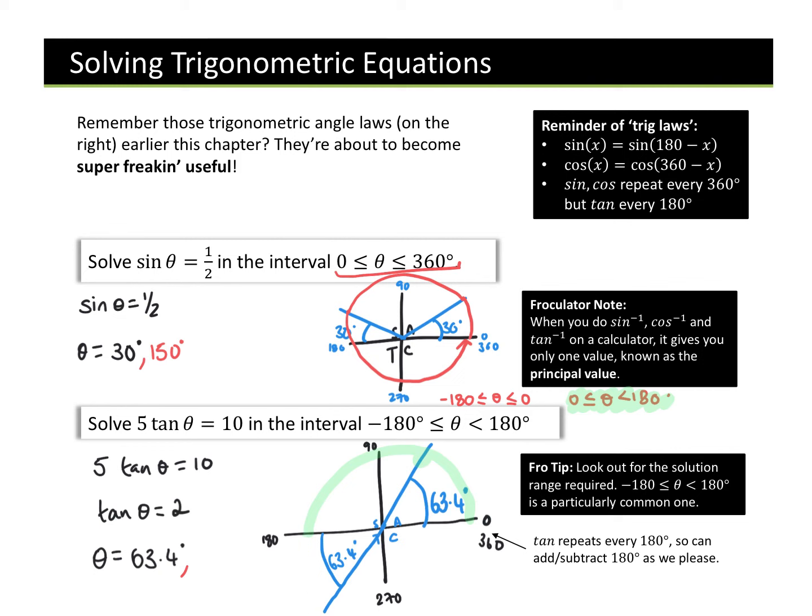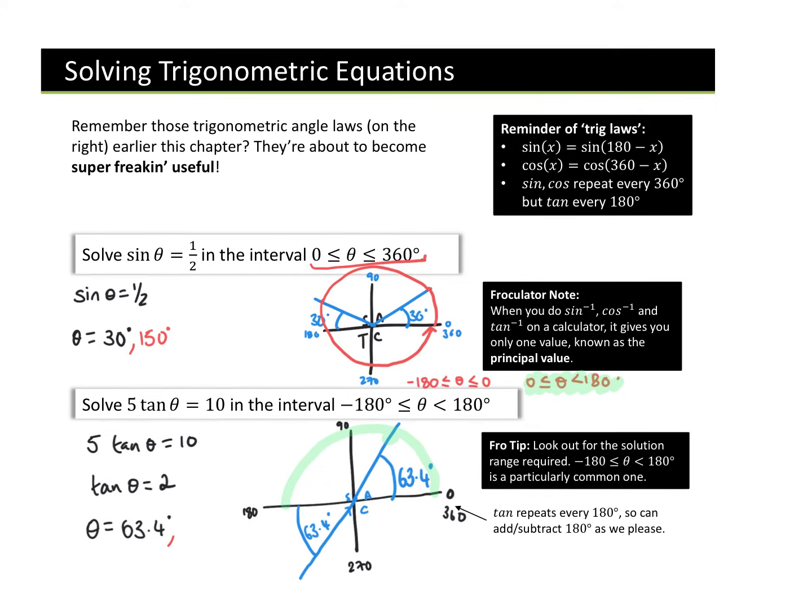Are there any other intersections between 0 and 180? No. Now normally, if we go anti-clockwise, we're going around positive: 0, 90, 180, 270. If we go clockwise, this is 0, this is minus 90, this is minus 180, this is minus 270, and this becomes minus 360.